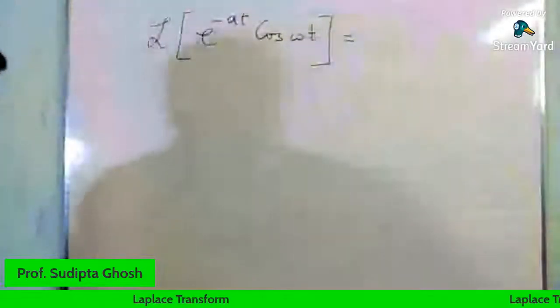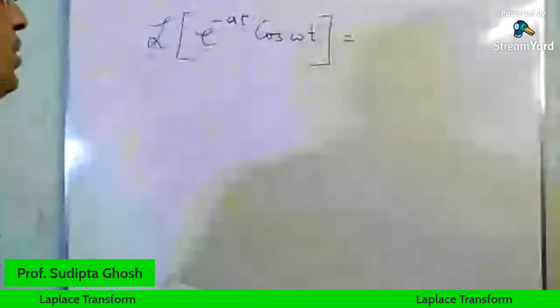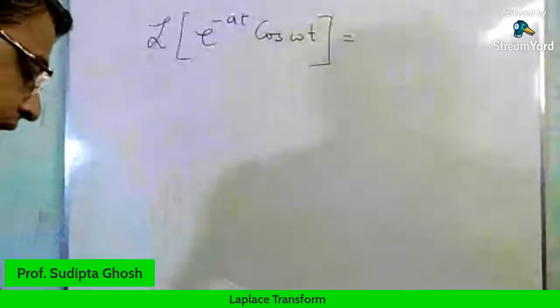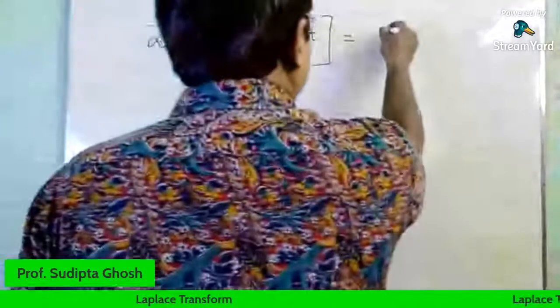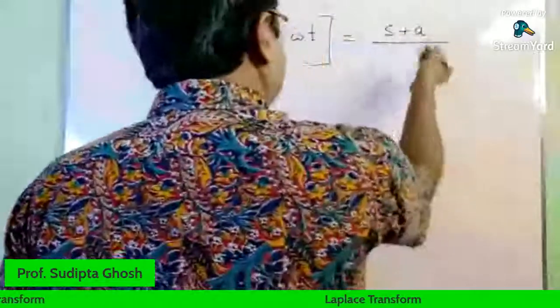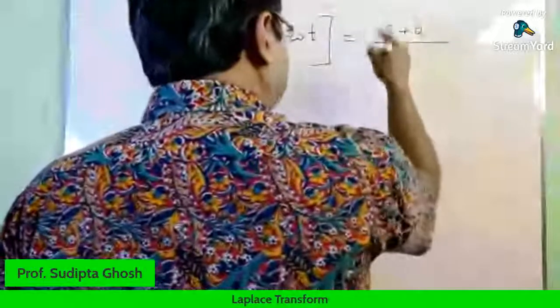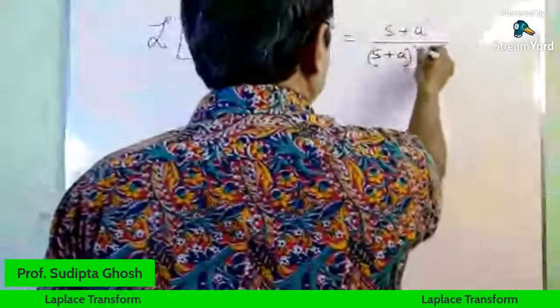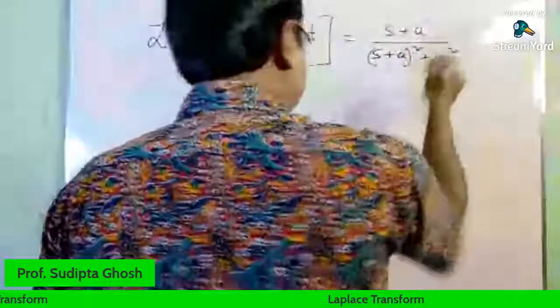The Laplace transformation of e to the power minus at cos omega t can be written with S replaced by S plus A. It was S square plus omega square, so it is S plus A whole square plus omega square.